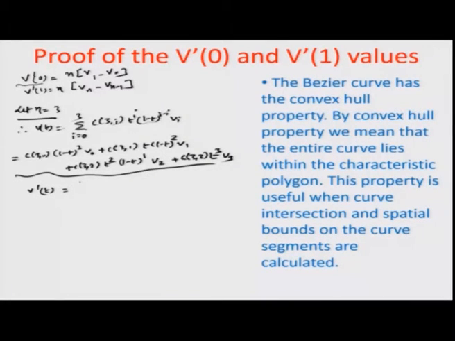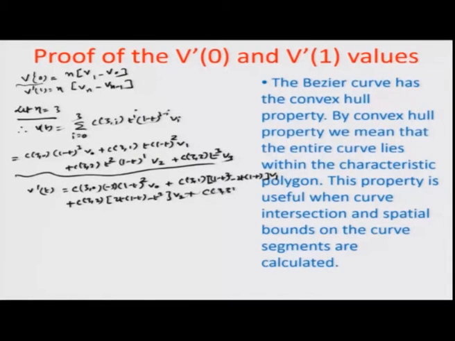If I just differentiate, this is c 3 0 times minus 3 times 1 minus t whole square v 0 plus c 3 1 times 1 minus t whole square minus twice t times 1 minus t, times v 1 plus c 3 2 times twice t times 1 minus t minus t square, times v 2 plus c 3 3 times 3 t square v 3 and so on and so forth.